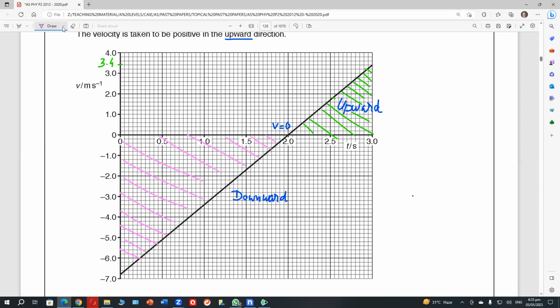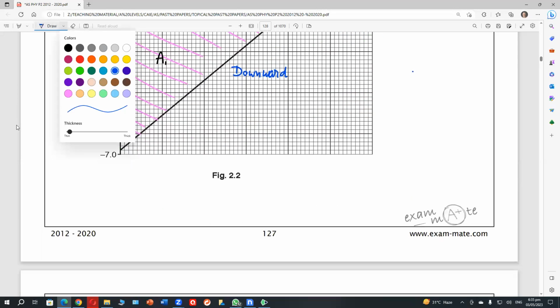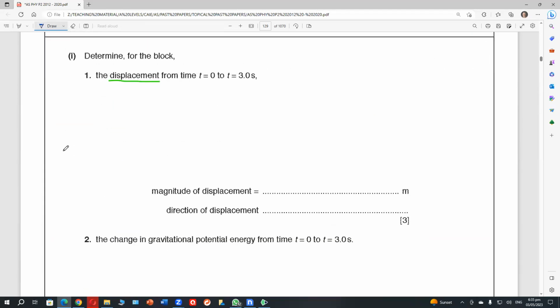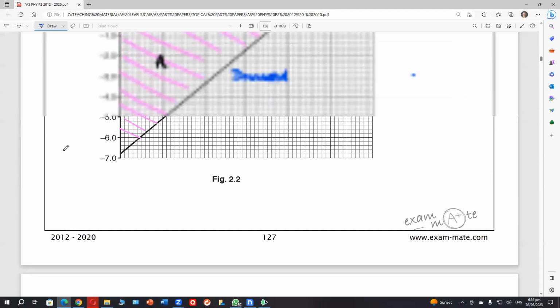So what I was planning is that if we find both the areas, A1 and A2, area above x-axis minus area below x-axis.